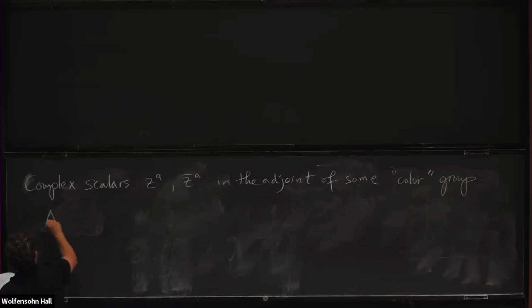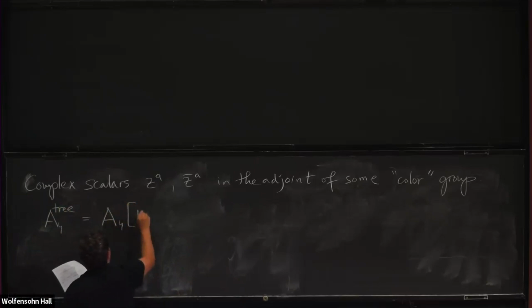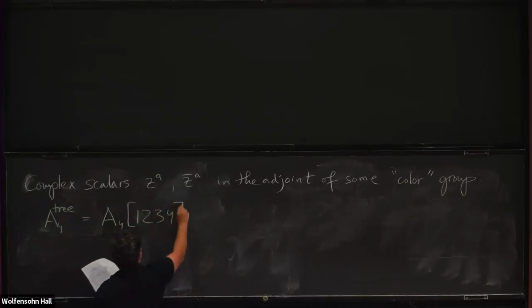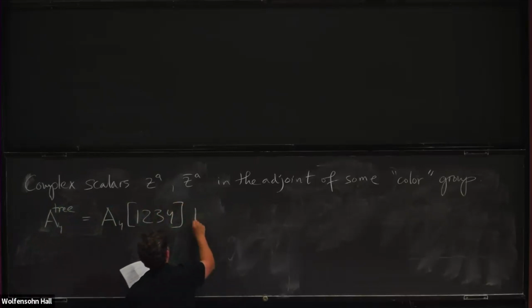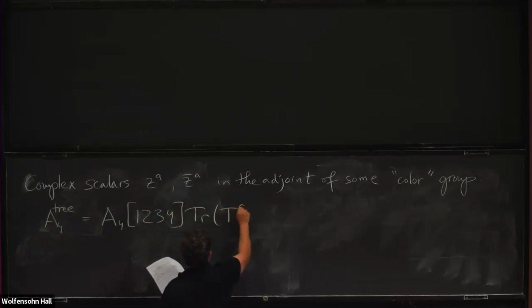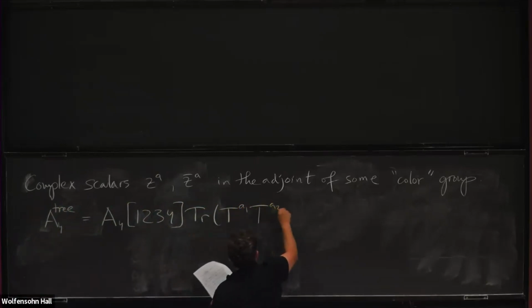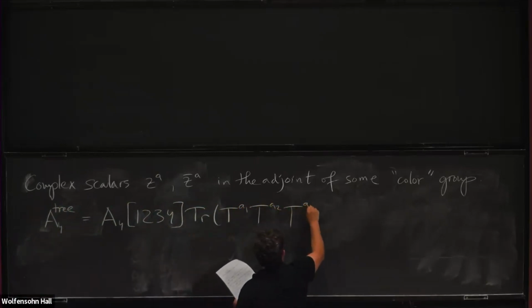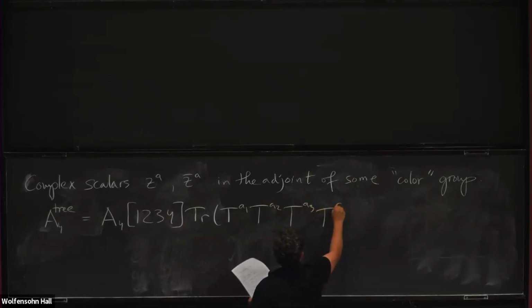I can write my tree amplitude of these scalars, it doesn't matter that they're complex, it's just about the adjoint, with square brackets denoting that I have pulled out a color structure. This is specifically for 4-point, where I will pull out the trace.